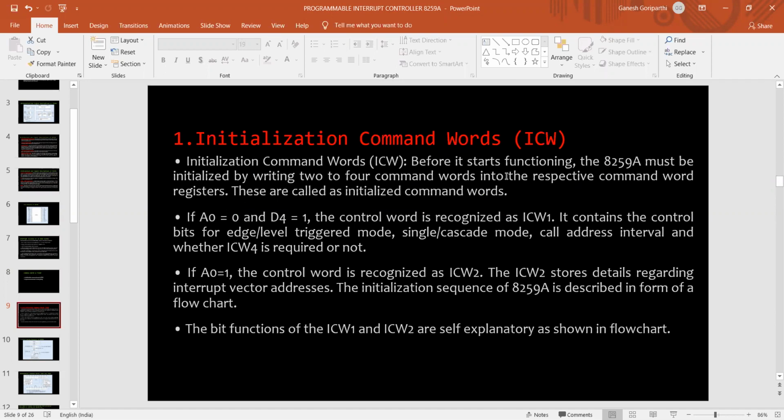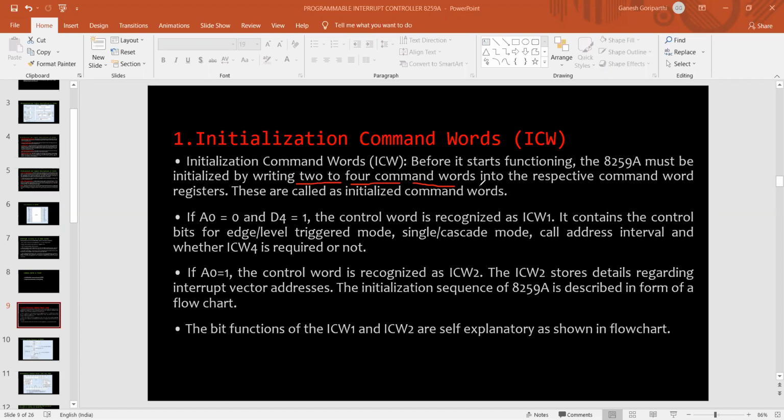Before it starts functioning, the 8259 must be initialized by writing, this is an important point, 2 or 4 command words. So why is it 2 or 4?